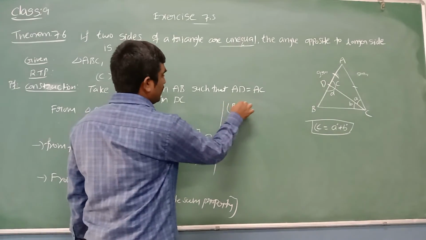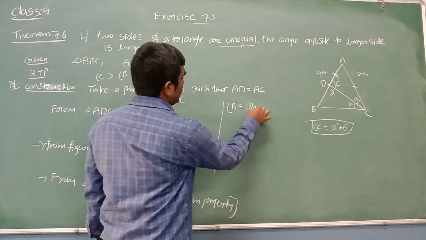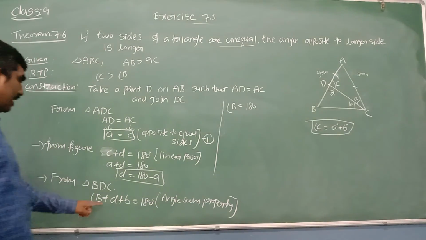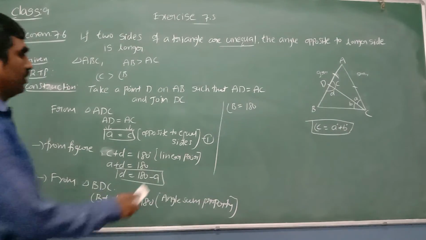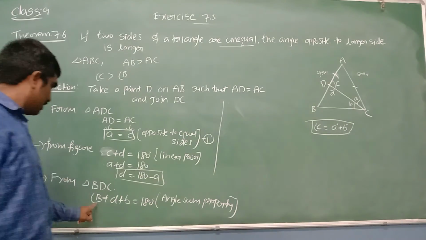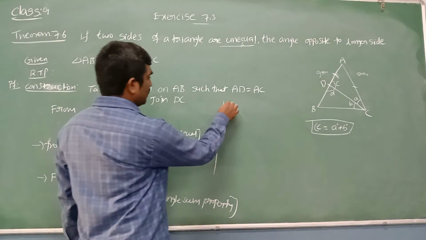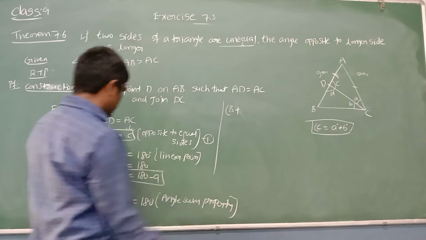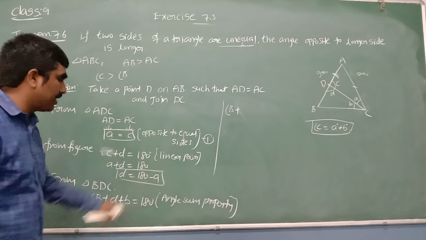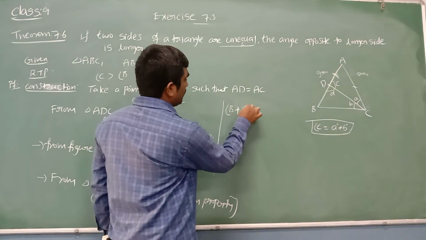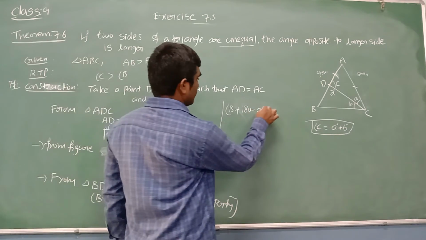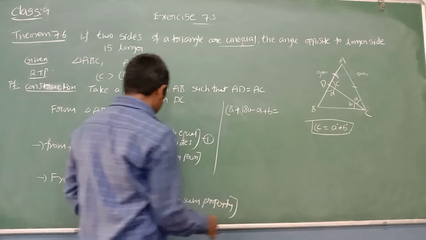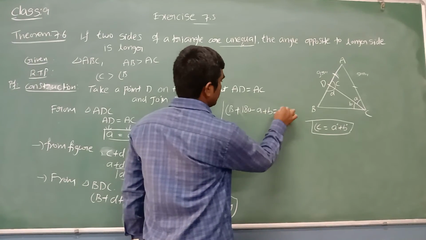What is angle D already? 180 minus A. So angle B plus 180 minus A plus C is equal to 180 degrees.